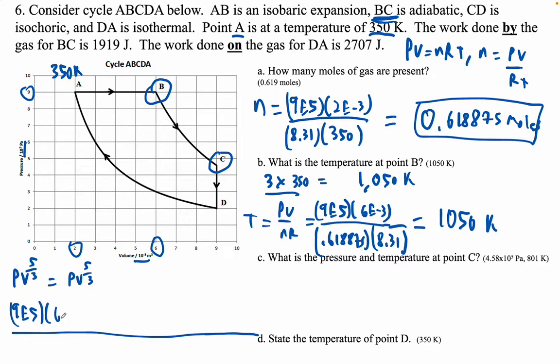times 6E minus 3 is equal to, and then we don't know the pressure at C, right? Oh, C. And then the volume, though, we do know the volume is 9 times 10 to the minus 3rd, to the 5/3. Oh, this is to the 5/3 as well. Okay?